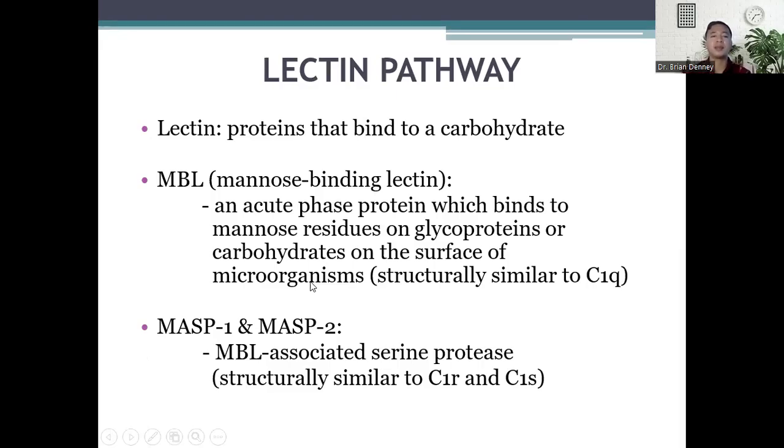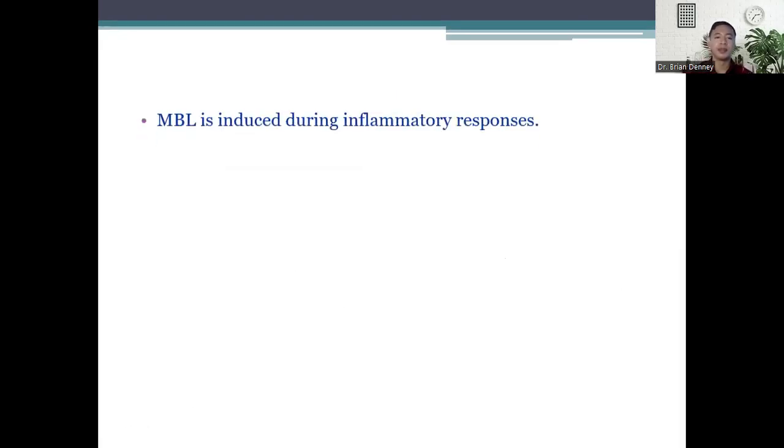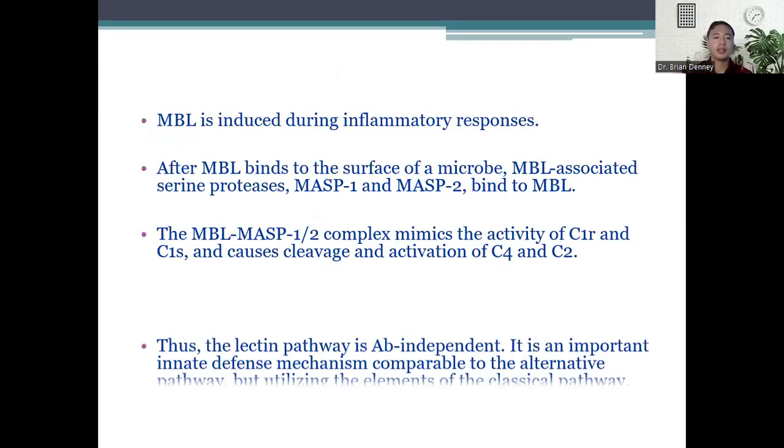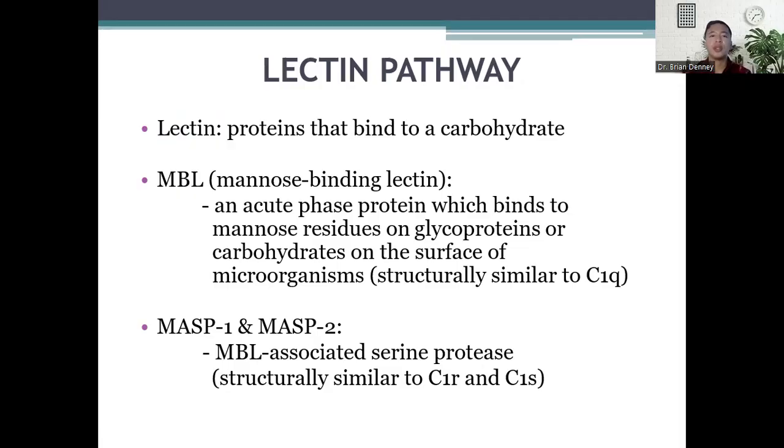So what happens is that your mannose becomes bound to your MBL. MBL has components, namely MASP, or membrane-associated serine protease: MASP1, MASP2, and MASP3.